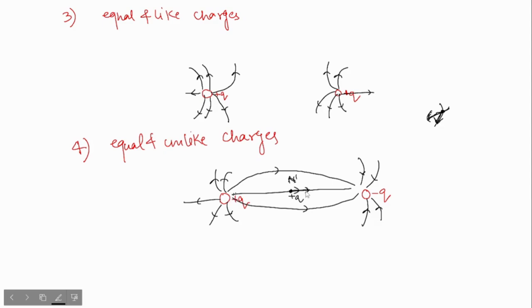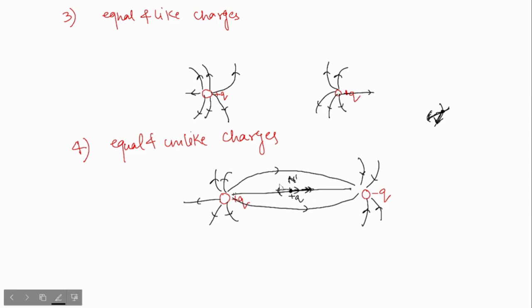It will be in this direction, and due to the negative charge, the force will be in this direction. Means the direction of force will be in this direction, because they are unlike charges. So this will be the neutral point.